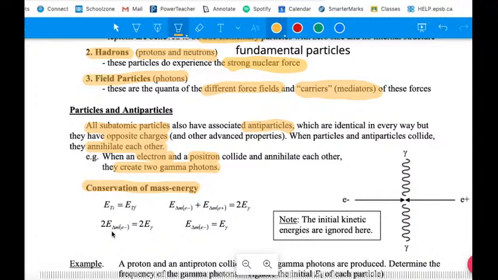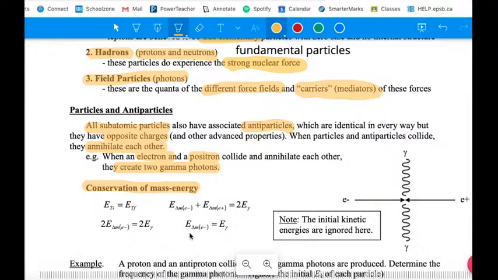That's our first formula in our quantum mechanics and nuclear physics section of our formula sheet. So once we have any change in the mass of the electrons, we're going to have a change in energy. And the final energy is going to be from those gamma rays.